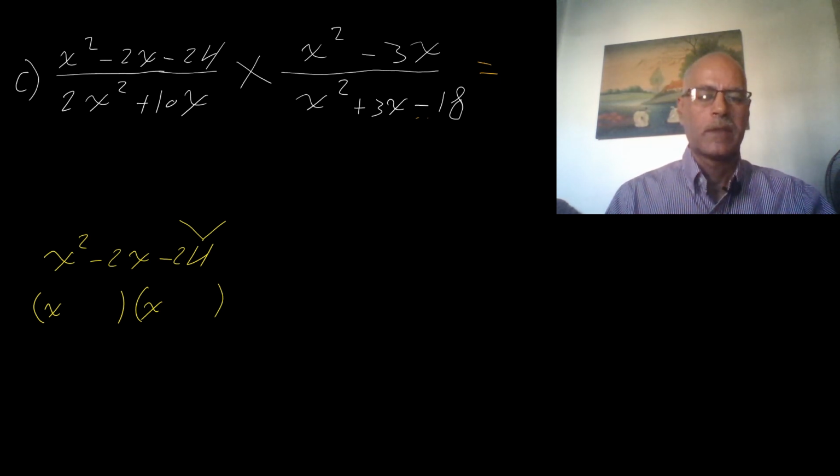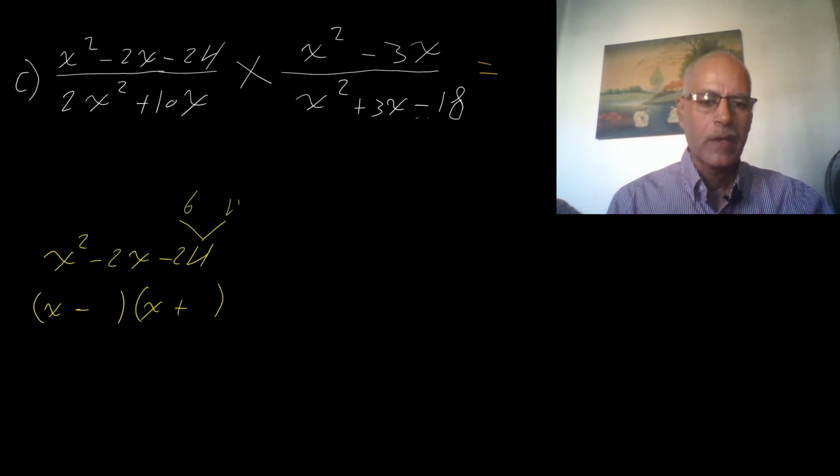Because the last term is negative, they give me different signs, one negative, one positive. The greater of the two numbers will be negative.